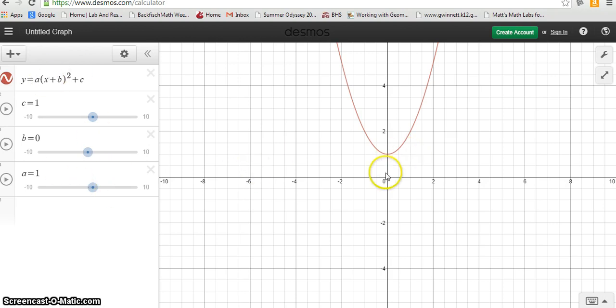So here we go. This one is plus 1 for c. So this is whatever times x plus or minus whatever squared, and then plus 1 at the back end. Here's plus 2, plus 3, plus 4. So this is written here at the back of the equation. So outside of the squaring, so this plus 4 is not being squared.